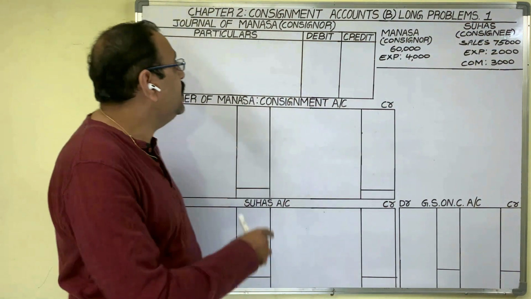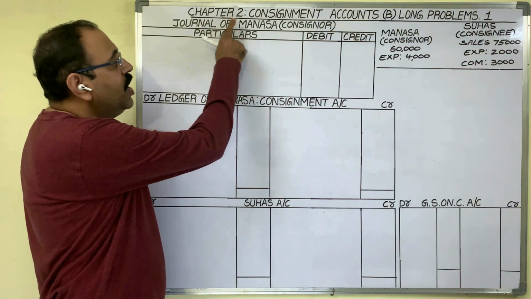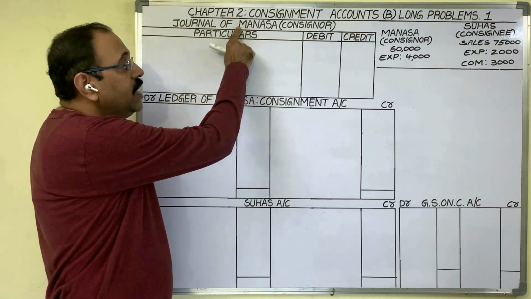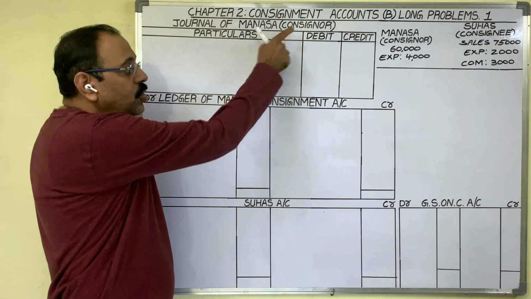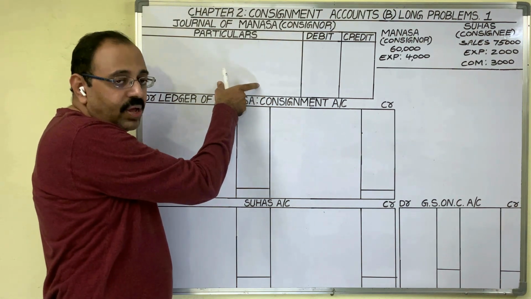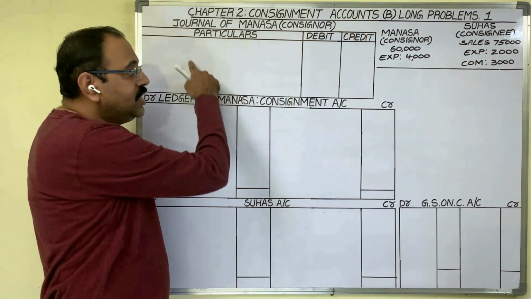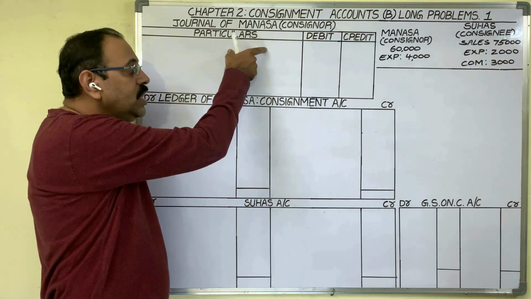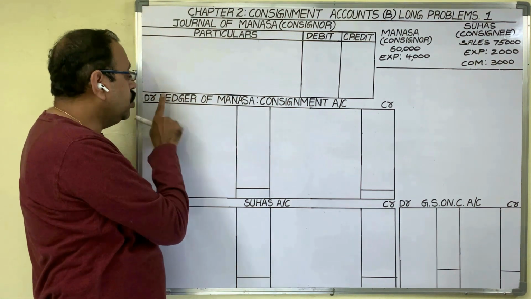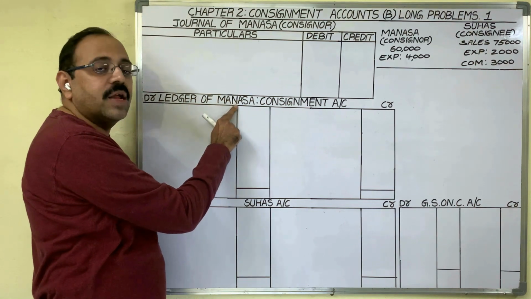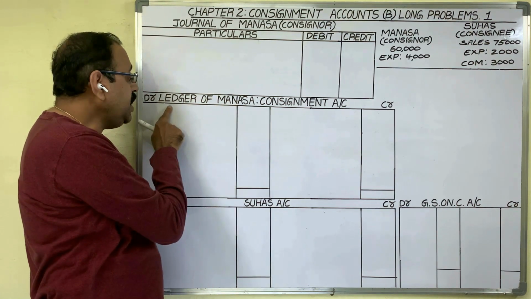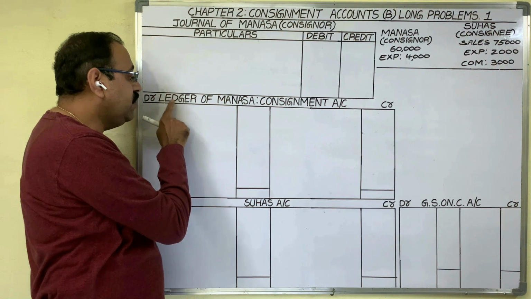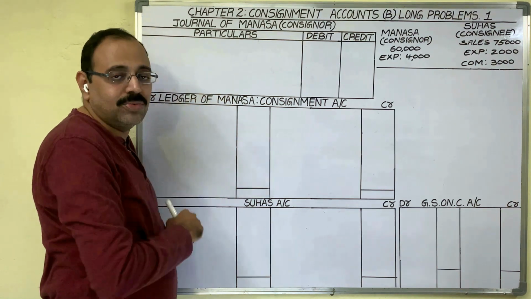First, we will see the journal of Manasa. Manasa is the consignor now, so we have to write the journal entries. To write the journal entries, we need the ledger also. So, below this journal, I am showing the ledger of Manasa. Ledger means it is a book in which we prepare accounts.